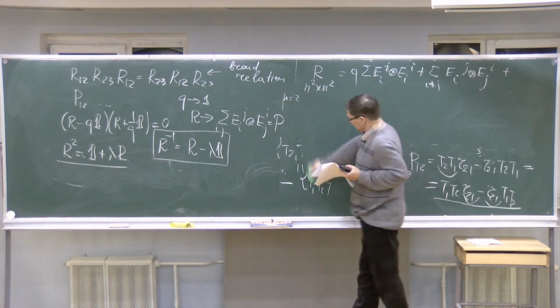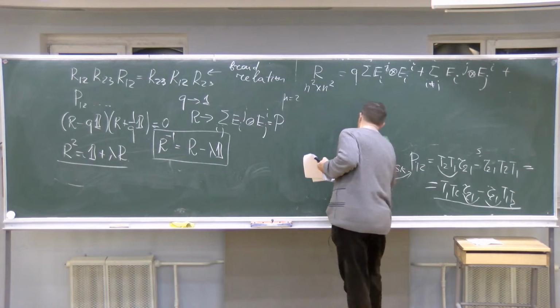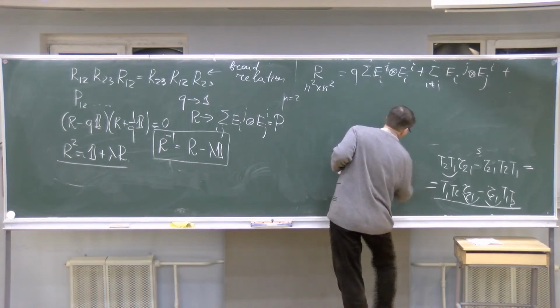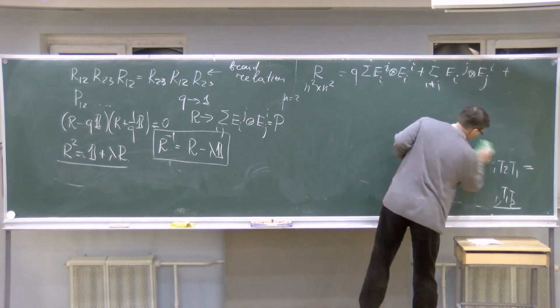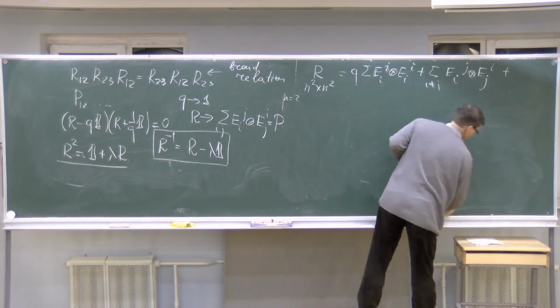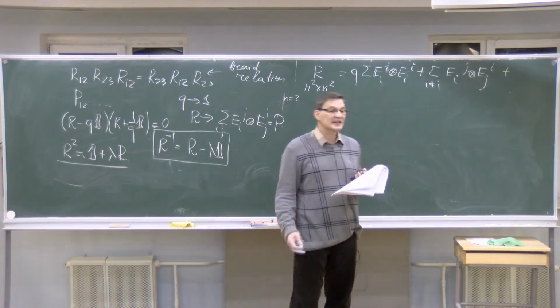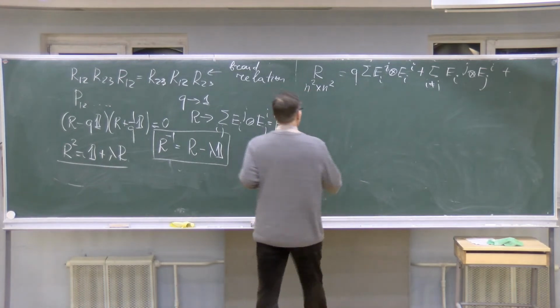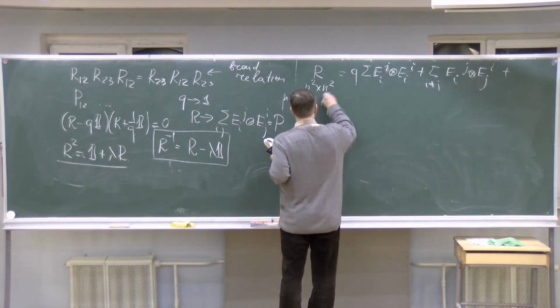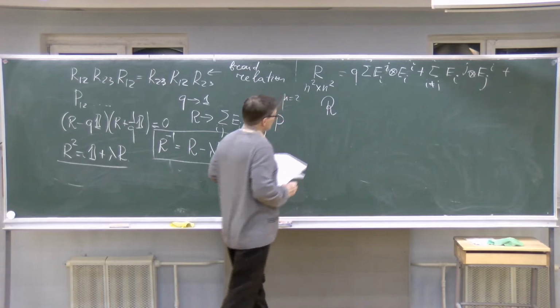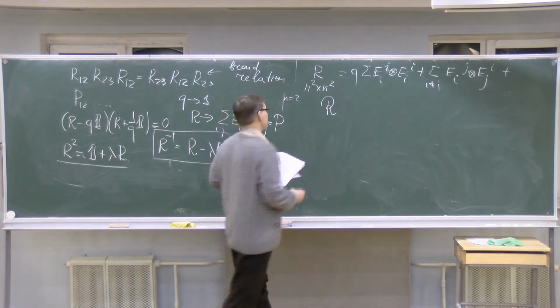Then I define a slightly different form of this R-matrix, which is used in the theory of integrable models. I will denote it by R beautiful.